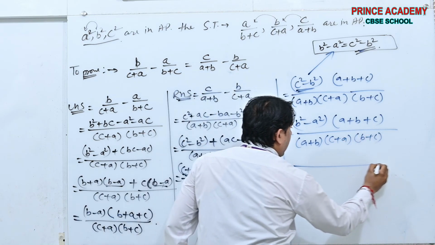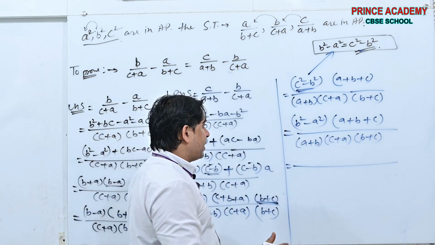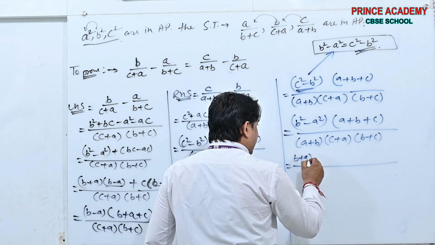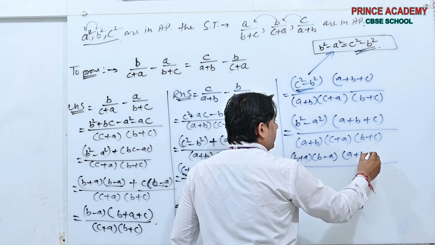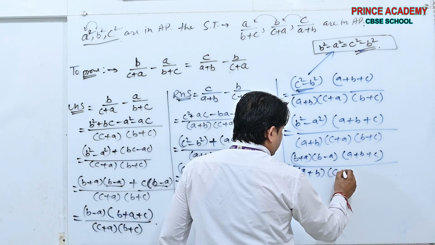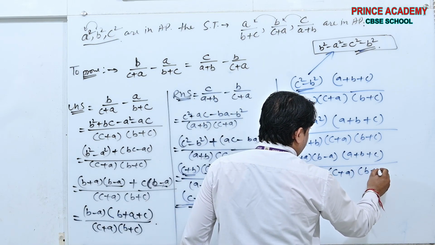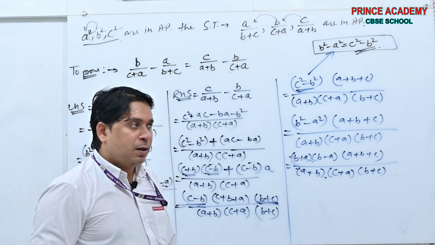Done. Now can I write A square minus B square? Apply the algebraic identity: (B plus A)(B minus A), plus (B plus C), over (A plus B)(C plus A)(B plus C). B plus A will cancel B plus A. Done.